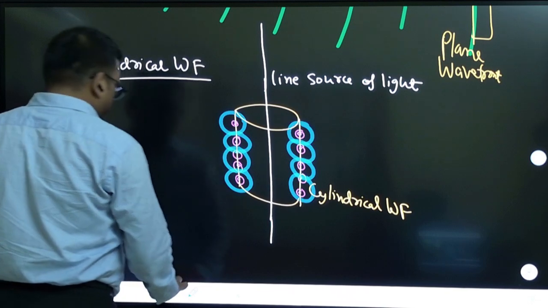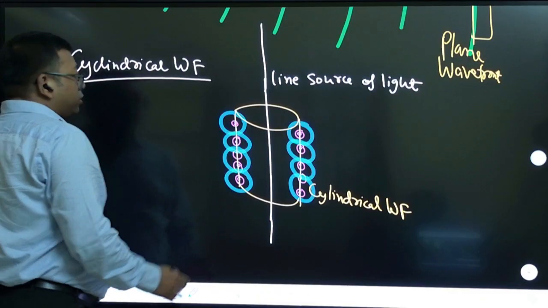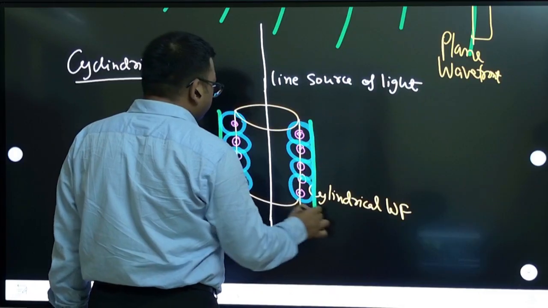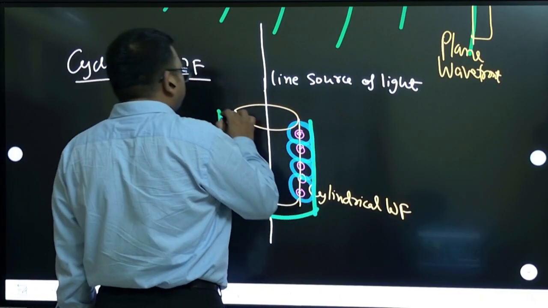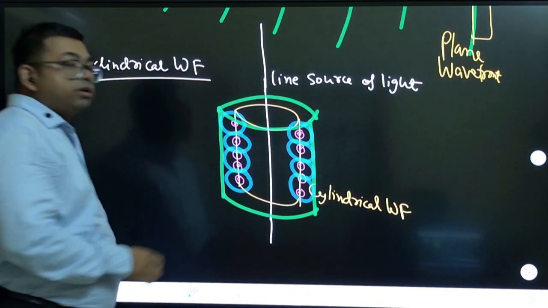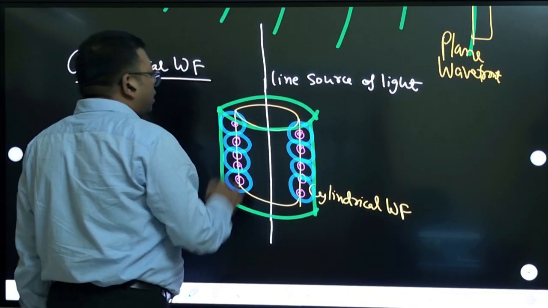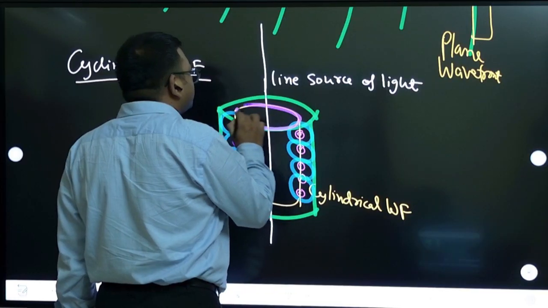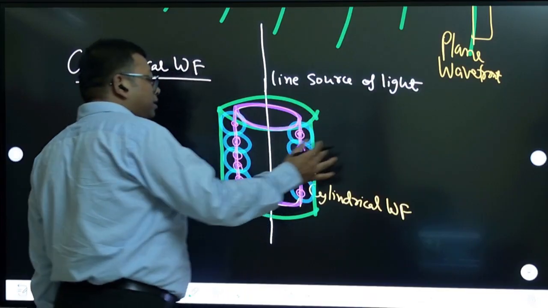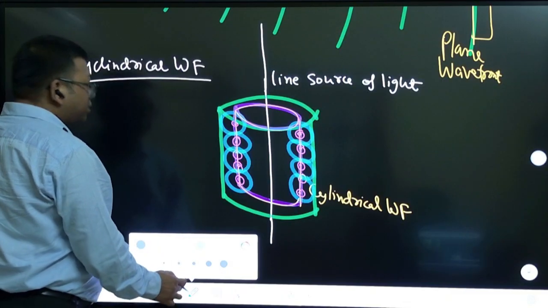Okay. So now when you join these wavefronts by again a similar surface, you will be producing the next wavefront like this. This cylinder, which was initially a small cylinder, has now become a bigger cylinder, and gradually the cylinder will keep on growing larger and larger.